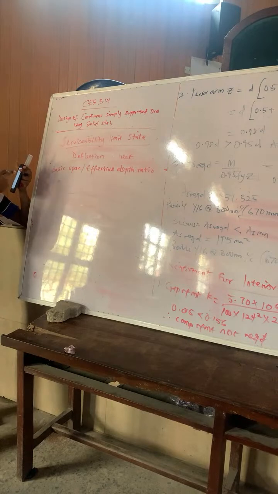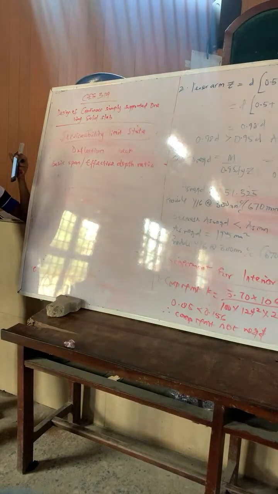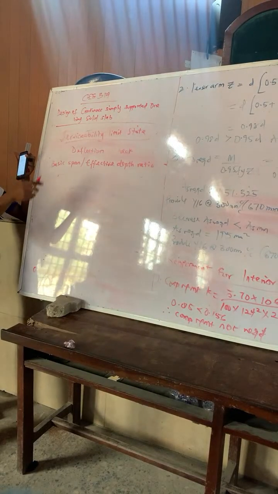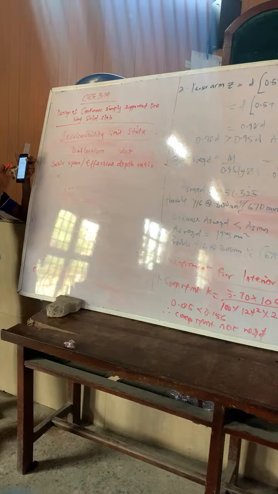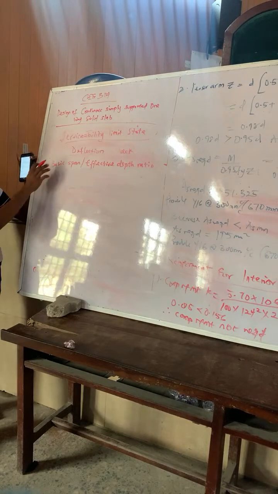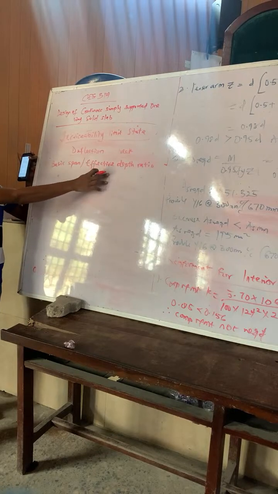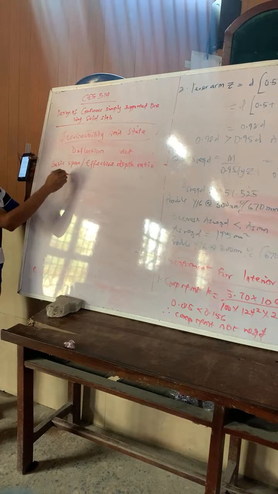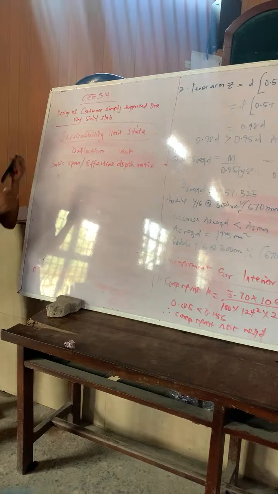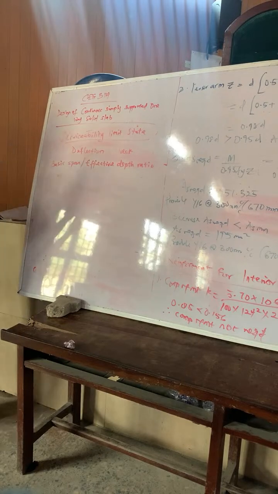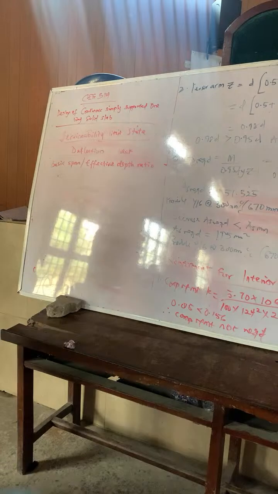Under flanged beam, we have 5.6, 16, and 20.8. But we are still on slab, and it's a rectangular section. So for continuous under rectangular section, we have 26. So our basic span per effective depth ratio equals 26, under rectangular section, table 3.9, page 35.